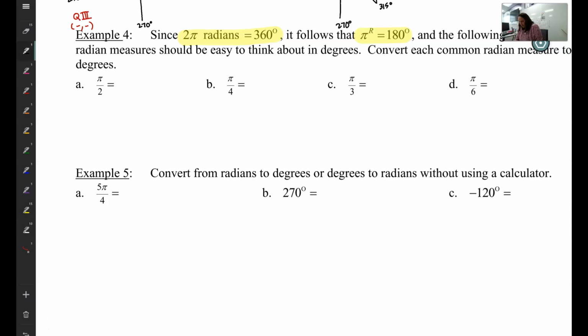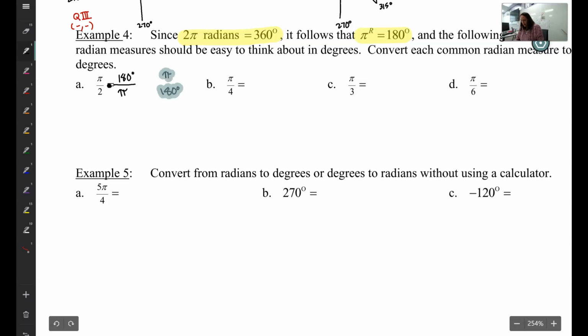Here's how we do it. We're going to multiply each of these by a fraction. Now in this fraction, I'm going to have pi radians and 180 degrees. The only thing I need to decide is am I going to put the pi on top or on bottom? I get to choose. I am going to choose for this first one to put the pi on bottom, the 180 degrees on top.